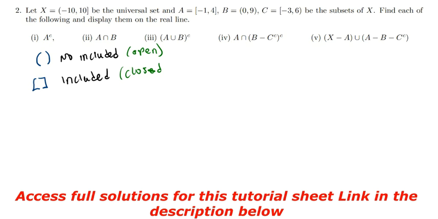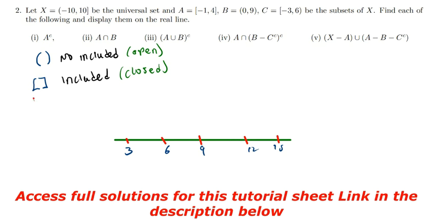So if you want to present your solution on the number line, if we have the real line here, then we list the numbers. Let's say we have these numbers here, for instance: 3, 6, 9, 12, and 15.